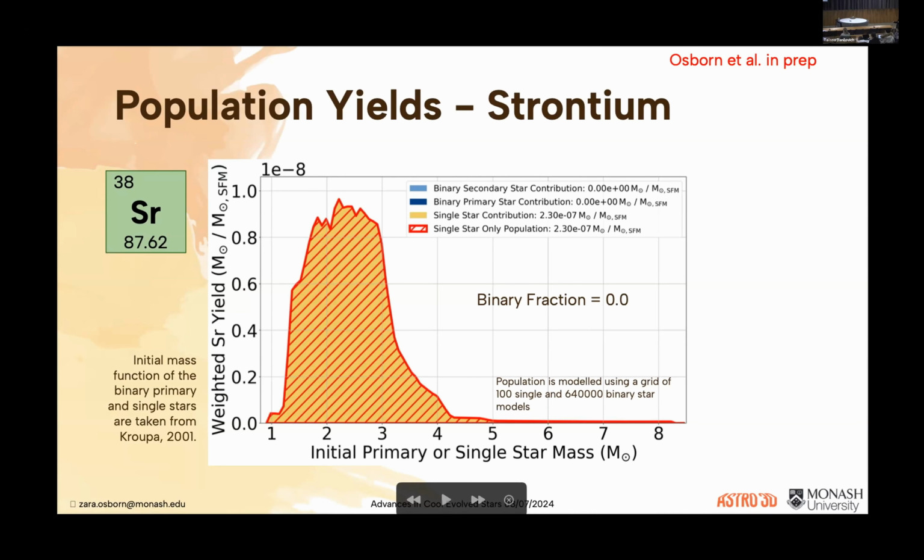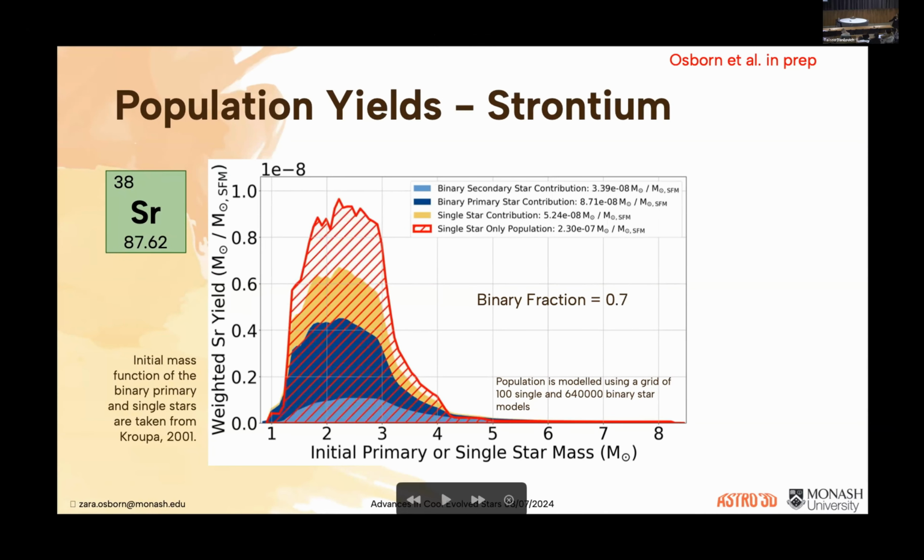Now, the binary fraction describes the fraction of stars within our population that are binary. Right now it is 0, which means we are currently looking at the strontium that is ejected by a population of only single stars. Now, how would this plot change if we were to increase the binary fraction?